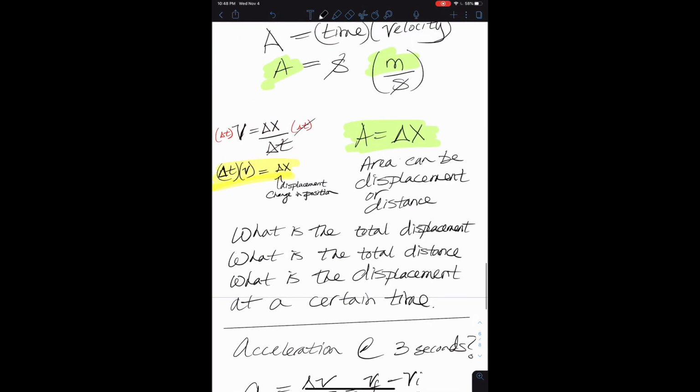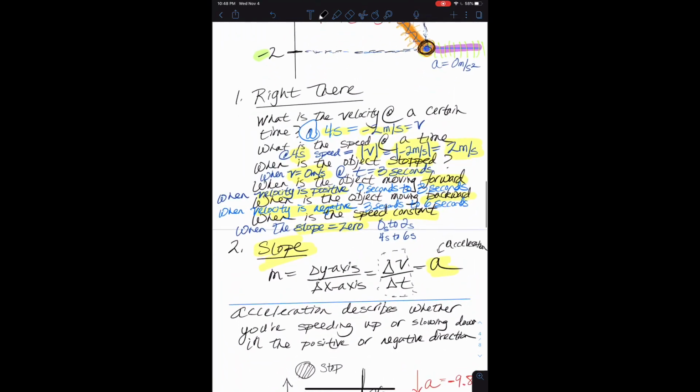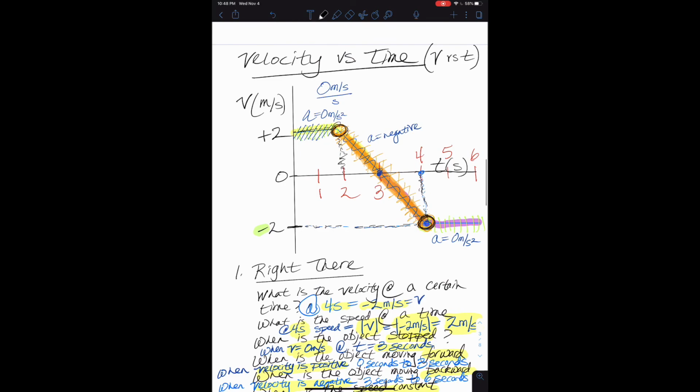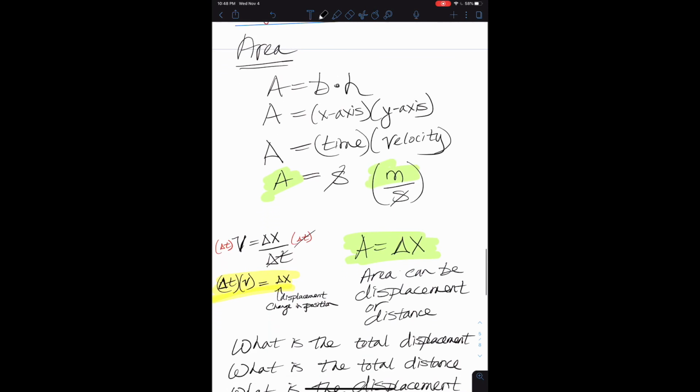Let's get the area questions now. All right, area is a little bit tricky here. Here's why. A lot of students, when they get the area questions, which we learned area was displacement, right? That's what we said right here. Area equals delta x, because when we multiply the time times the velocity, we're left with meters.